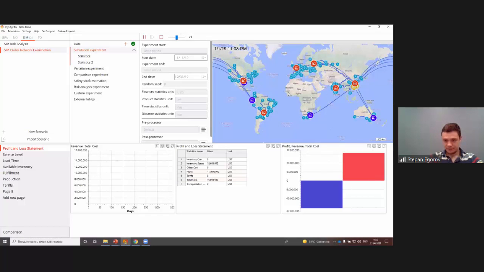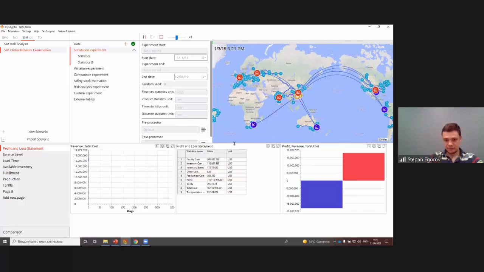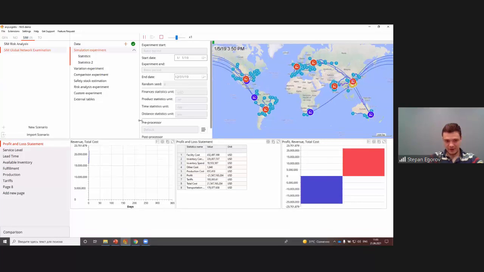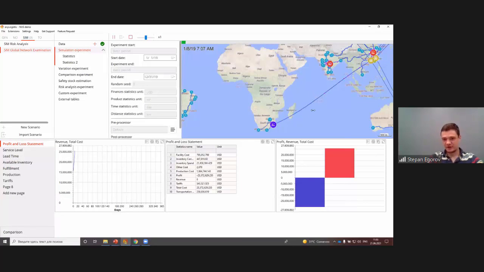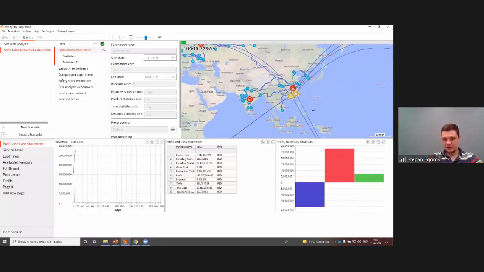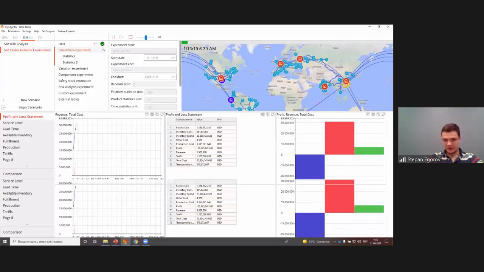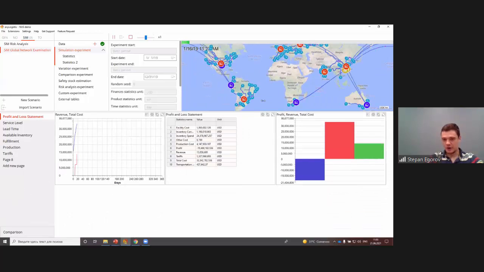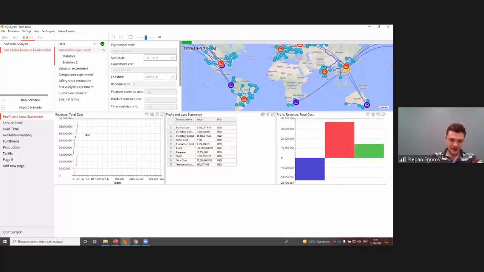Now, let's see. We can see that something is moving, and these purple dots on the map represent shipments, and we see the model animation in real time. We simulate 1 year of operations, and what's more interesting is that the stats are also changing dynamically.